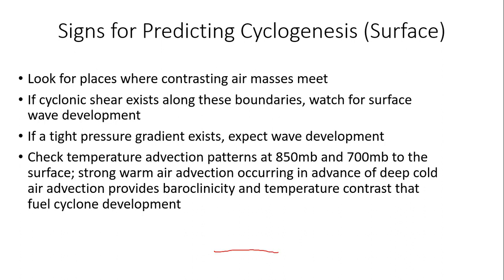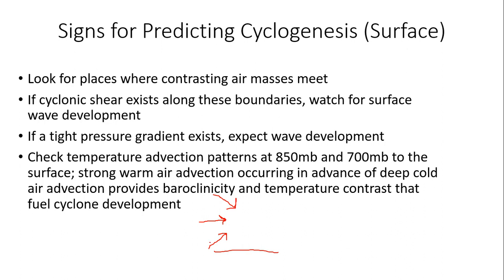If I were to look at a thermodynamic SkewT diagram, I'm not going to use wind barbs here, I'm just going to make this really simplistic. Let's say at the surface my winds are from the southwest, at 700 millibars they are from the west, and at 500 millibars they are from the northwest.